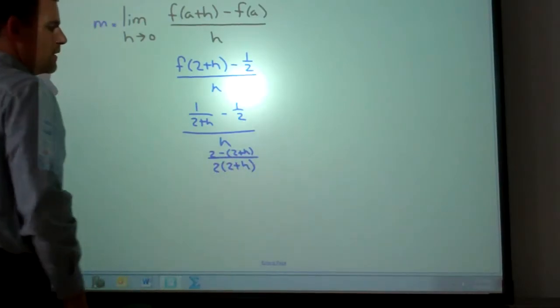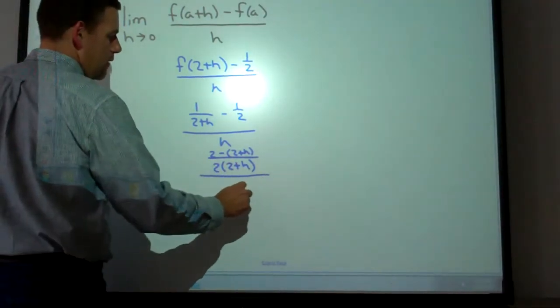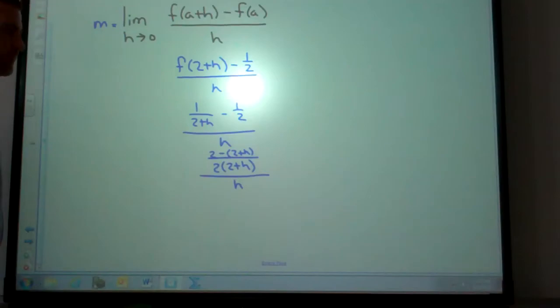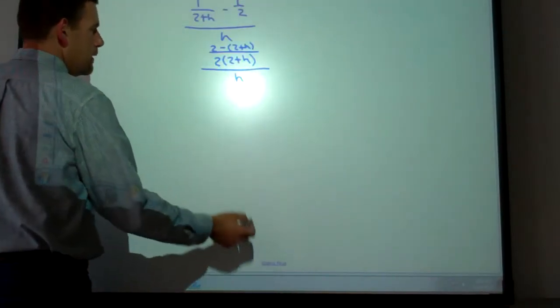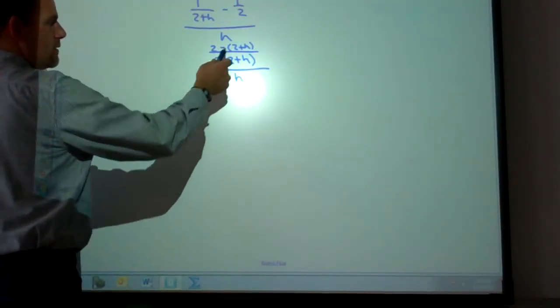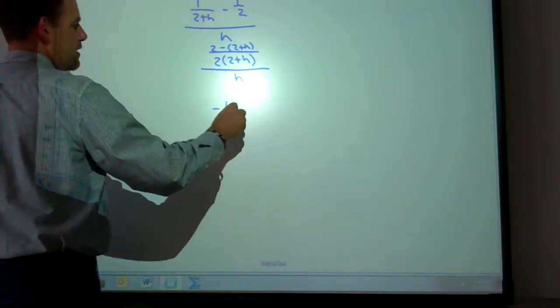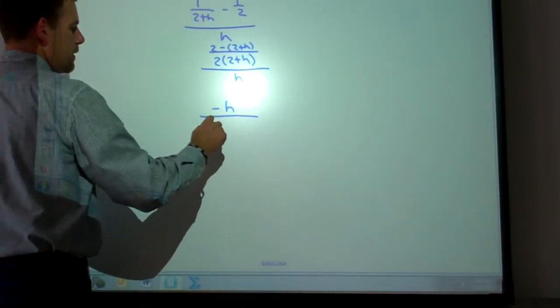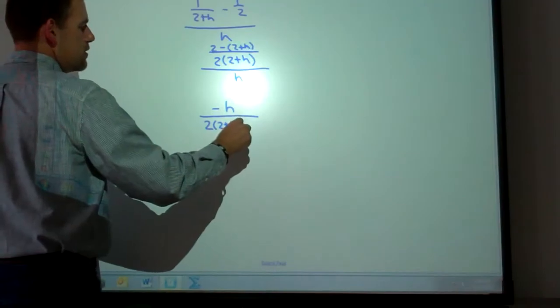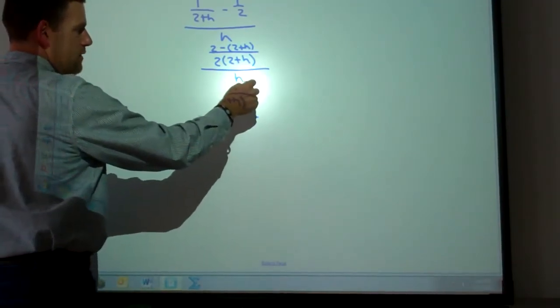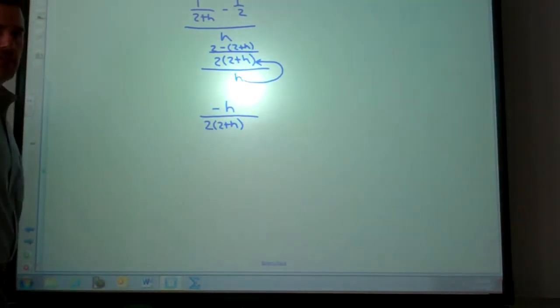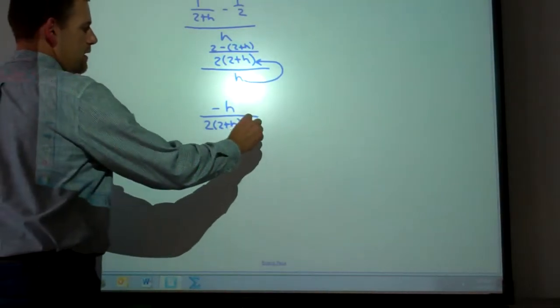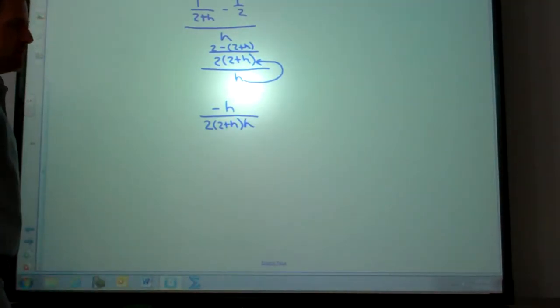So there's the combined fraction, all over h. 2 minus 2 is 0, and then I have a negative h over 2 times 2 plus h. And then that h gets dragged into the denominator of the upper fraction, leaving me with this rational expression.